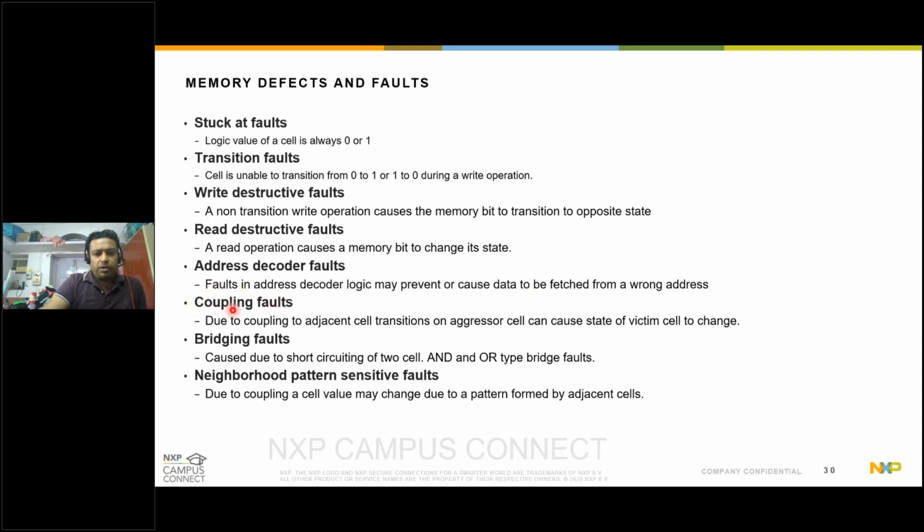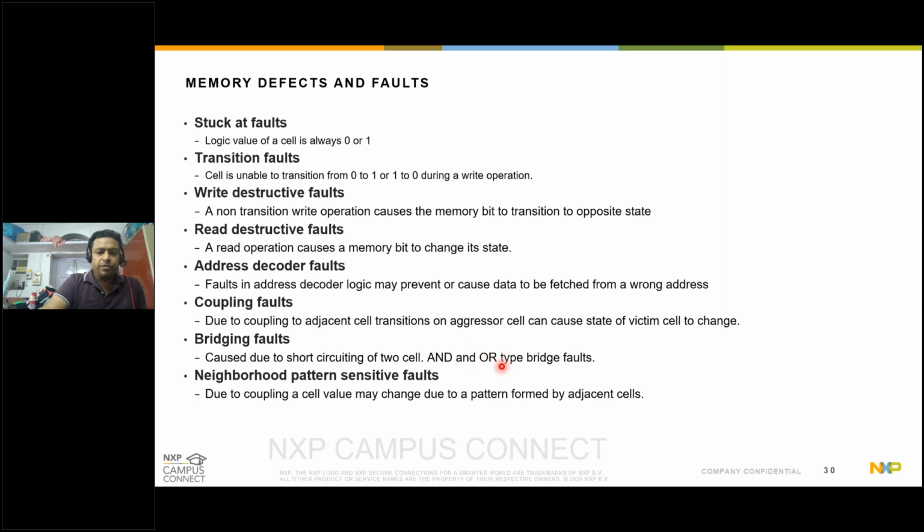You have coupling faults. These are faults in which the state of a cell can change because of a transition on another, adjacent cell. That cell is called the aggressor cell, and the cell whose state changes is called the victim. You have bridging faults. These are faults caused by shorting of two memory cells, and you have two kinds of bridge faults, AND type and OR type.